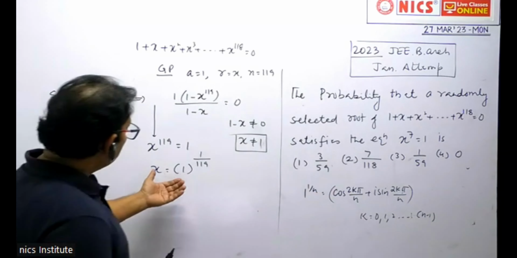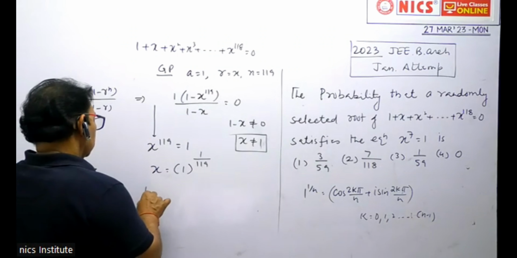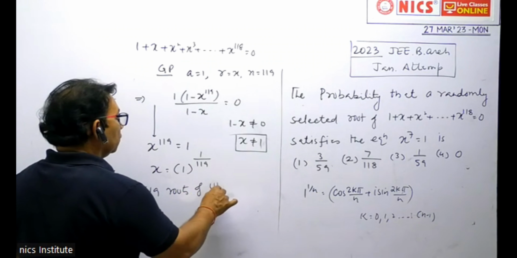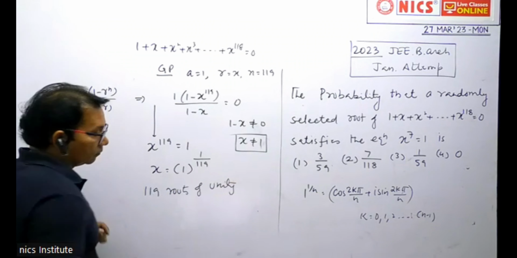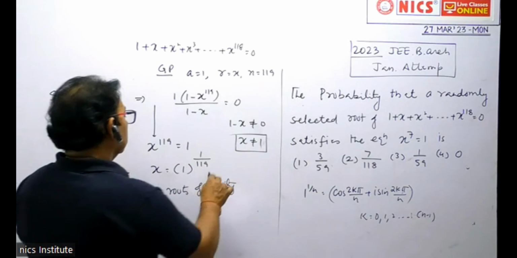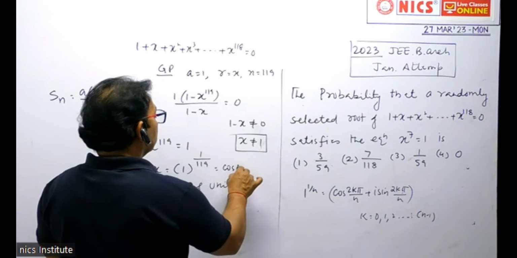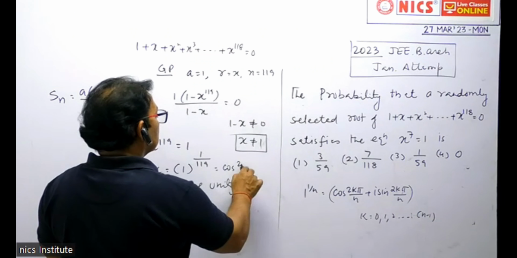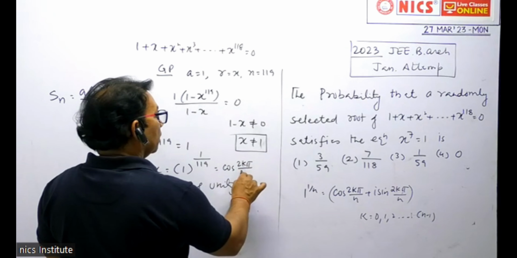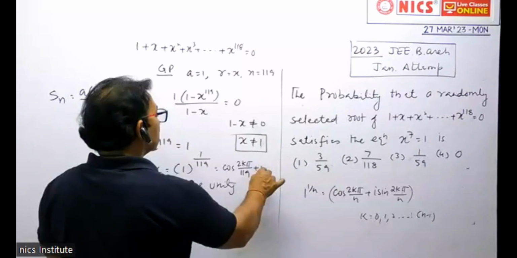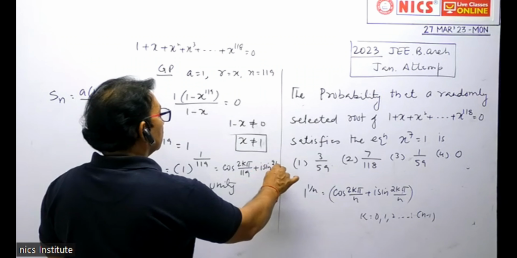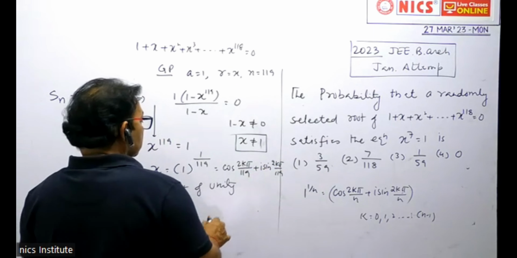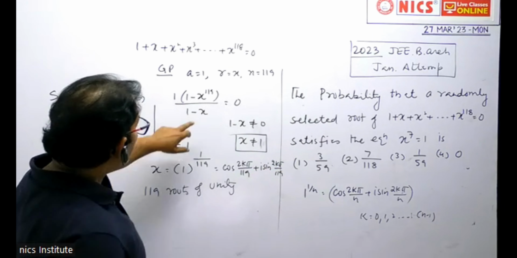So this is basically 119 roots of unity. And you can also write it this way, cos 2k pi by 119 plus iota sine 2k pi by 119, but with a difference, x cannot be 1.